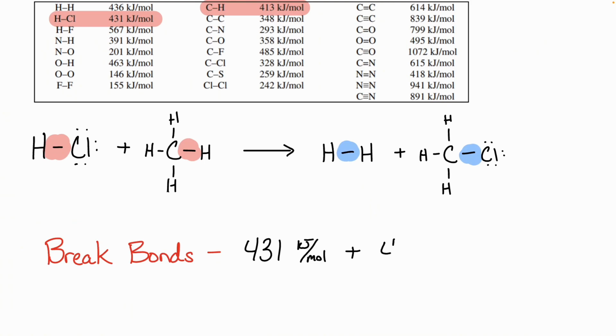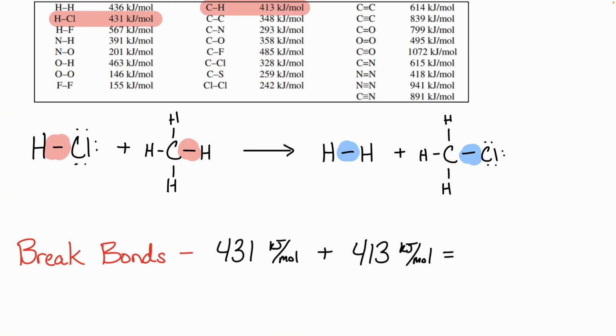That requires 413 kilojoules per mole. So this tells me that I'm going to have to input a total of 844 kilojoules per mole. That's what I need to input to break my bonds.